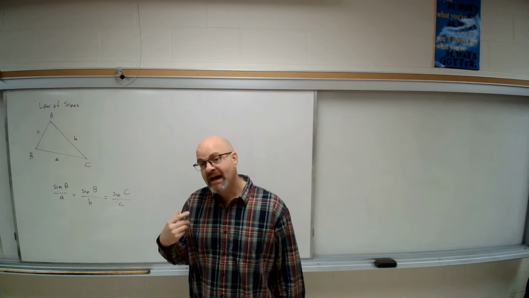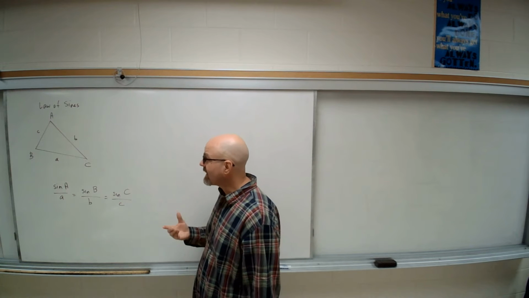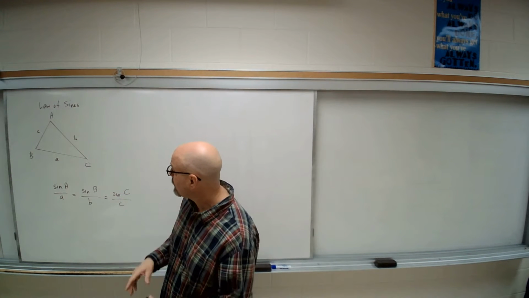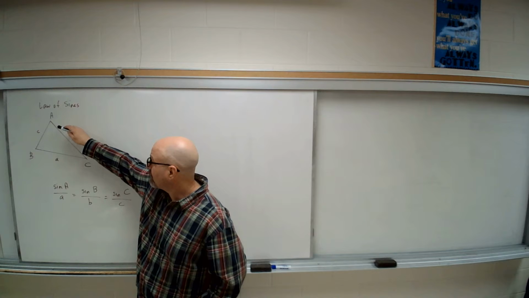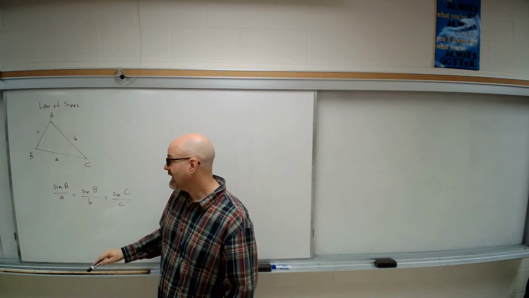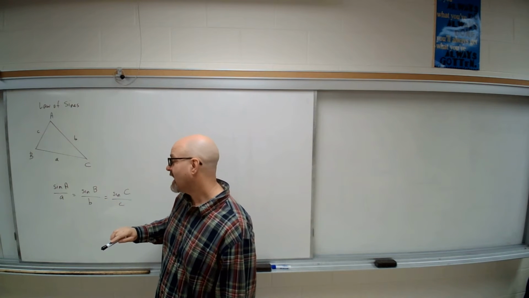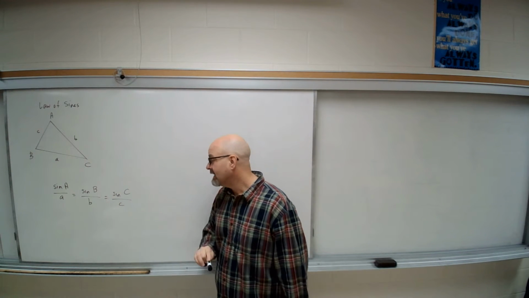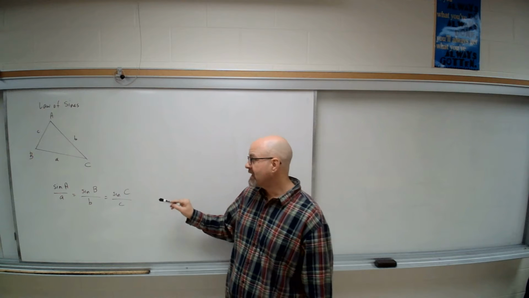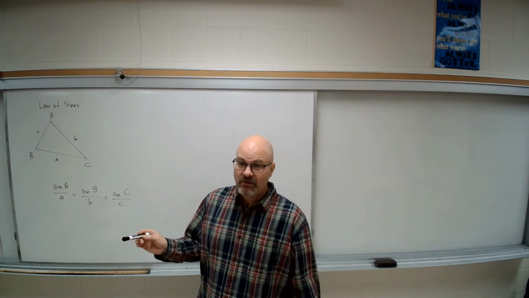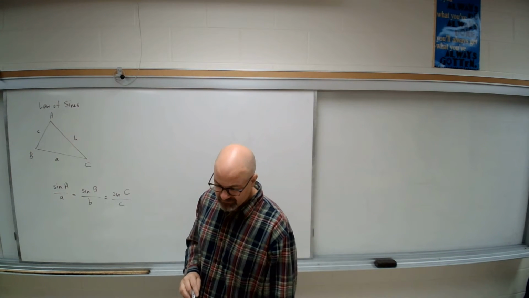Anytime you're doing that, the law of sines is an easy way to check it, because it tells us that for any triangle, if you take the sine of angle A divided by the length of side A, or sine of B divided by side B, or the sine of angle C divided by side C, all these ratios will be the same. That's the law of sines. So there's powerful stuff there.